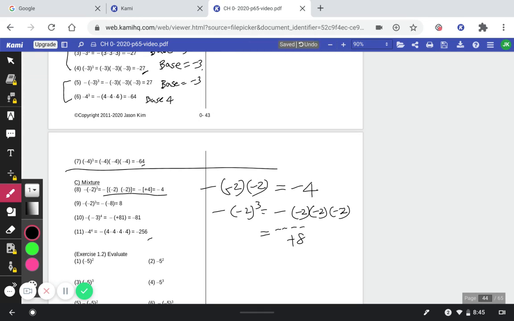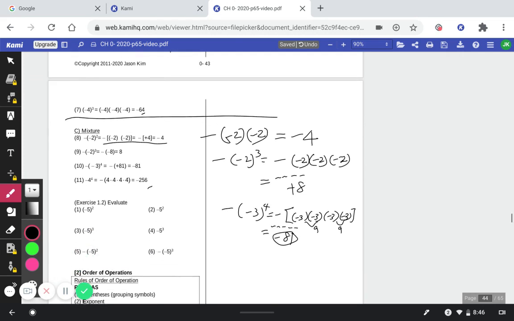Number 10, when you have a negative of the quantity of negative 3 to the fourth power, which means negative of negative 3 times negative 3 times negative 3 times negative 3. So when you do the numbers only, 3 times 3 times 3 times 3, 3 times 3 is 9, 3 times 3 is 9, and that's 81. And you have 5 negatives this time, which is negative. So you end up with negative 81 in number 10.